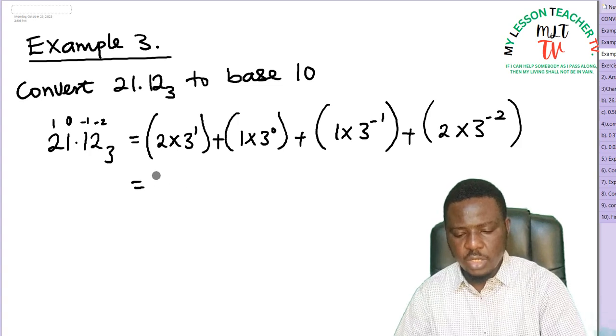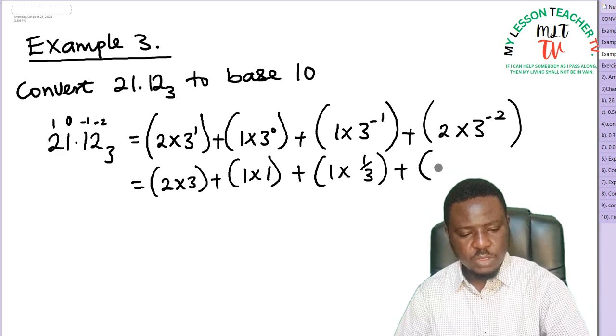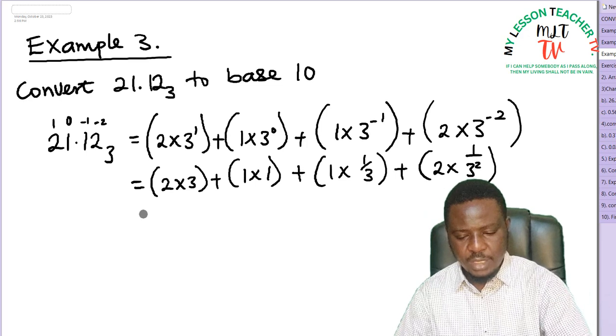Simplifying this further, this gives you 2 times 3 plus 1 times 1 plus 1 times 1 over 3 plus 2 times 1 over 3 squared.